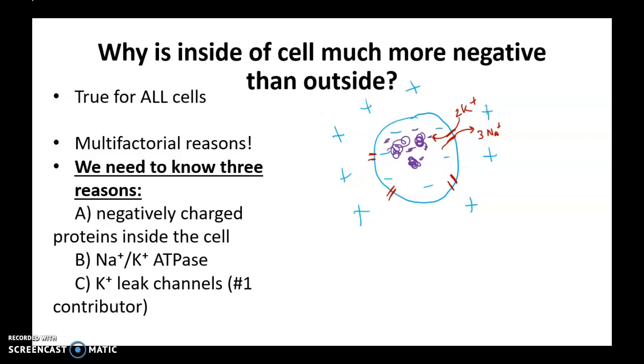Well, we are losing 3 sodium and we are gaining 2 potassium. Is that equal exchange, class? No. We are losing 3 positive charges and gaining 2 positive charges in return. So we are losing 1 positive charge overall, right? So that contributes to the negativity inside the cell because we are losing positive charge.